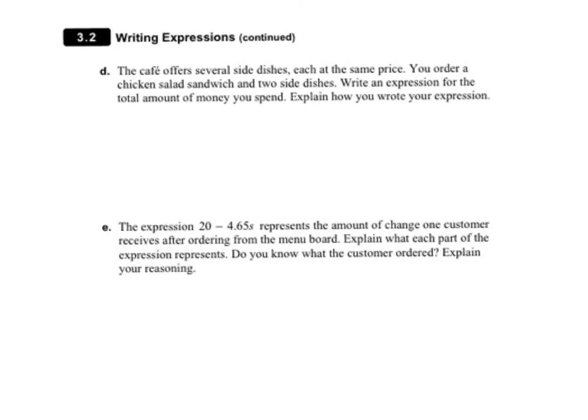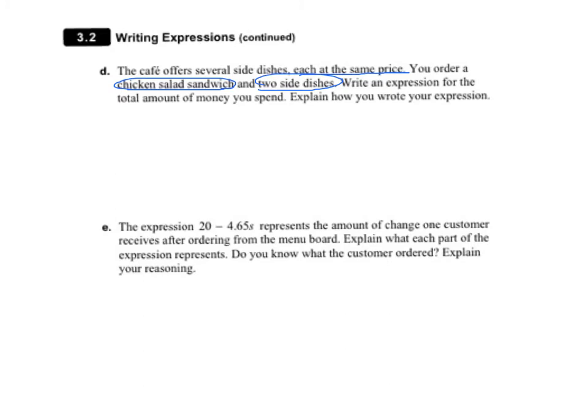Now let's look at letter D. The cafe offers several side dishes, each at the same price. So that's important information. You order a chicken salad sandwich and 2 side dishes. Our job is to write an expression for the total amount of money you spend. Explain how you wrote your expression.